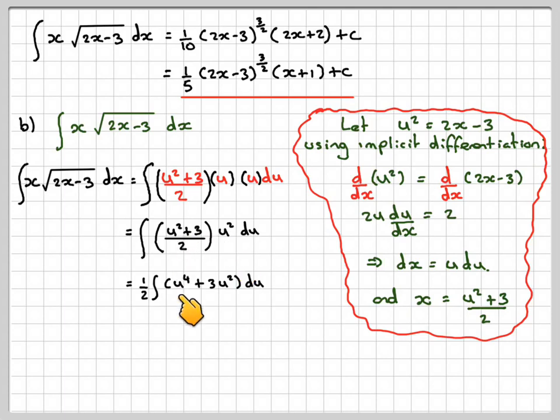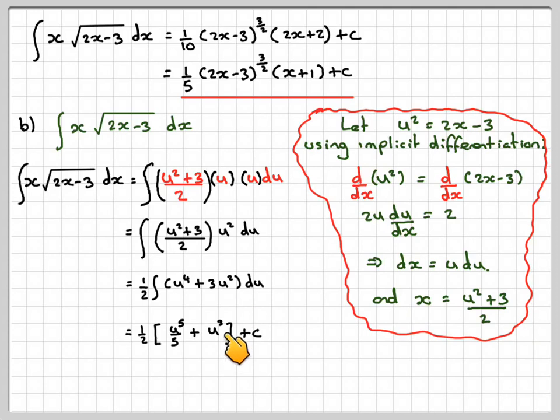If we expand the bracket, we get u to the 4 plus 3u squared du. We're now in a position where we can integrate, and you can see it's much easier than the first integral. So that's 1/2 of u to the 5 over 5 integrating, plus u cubed.